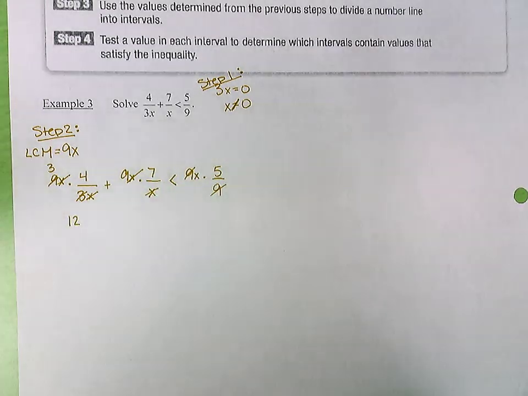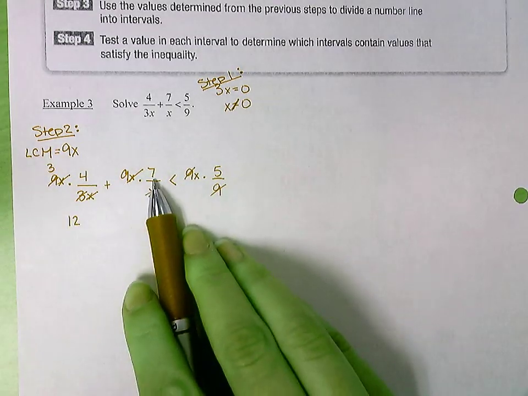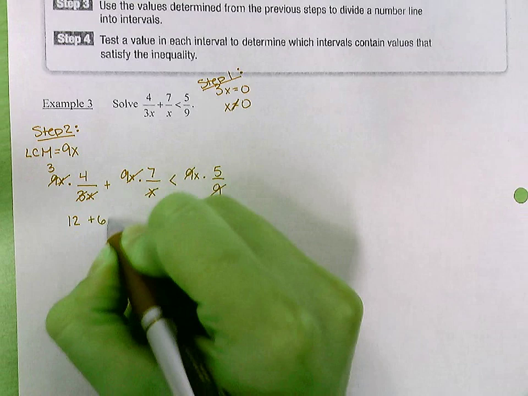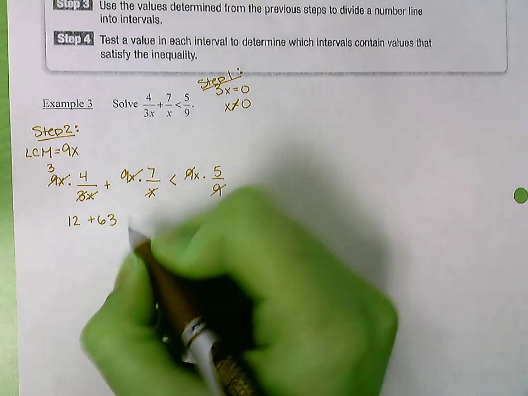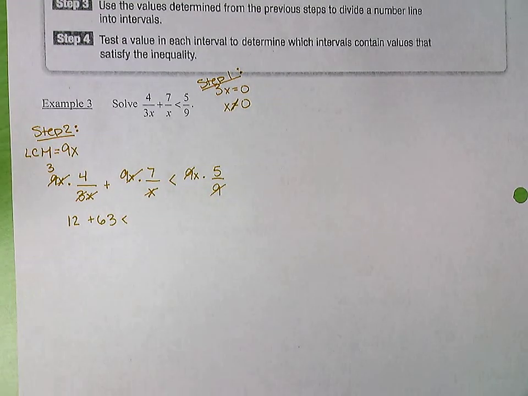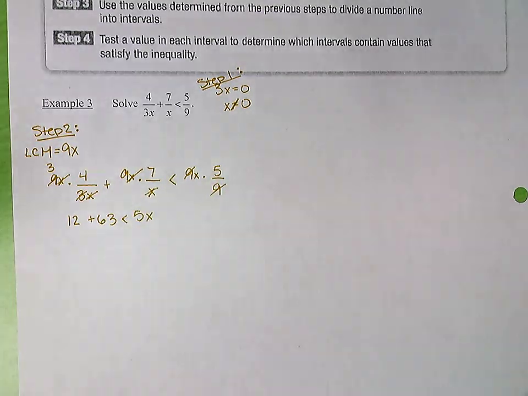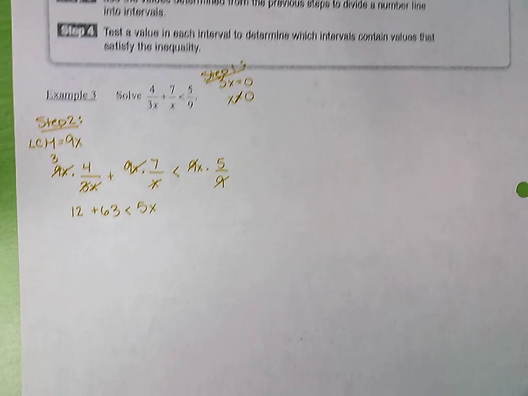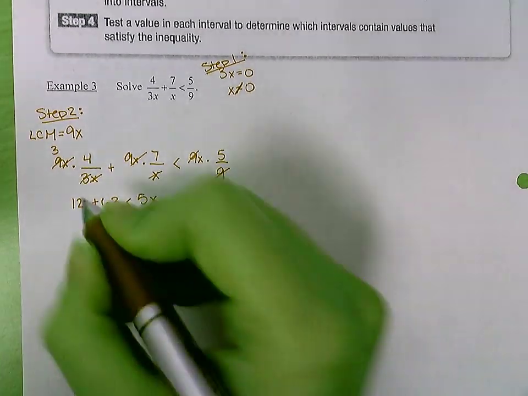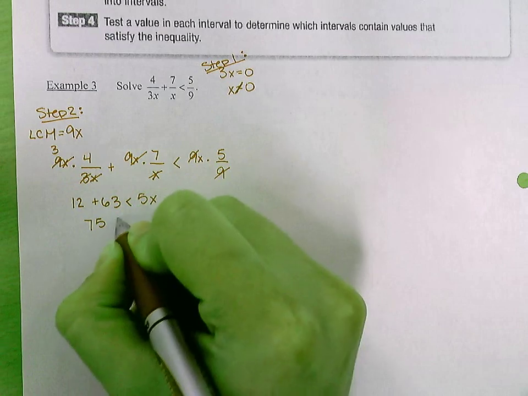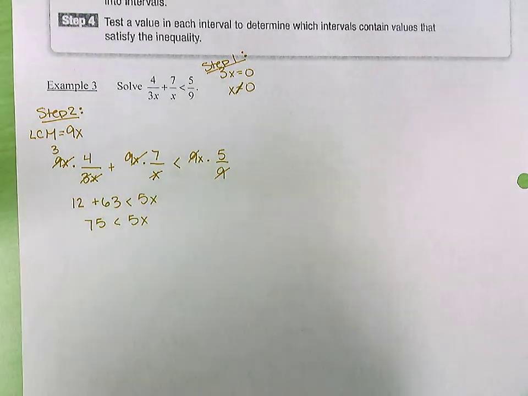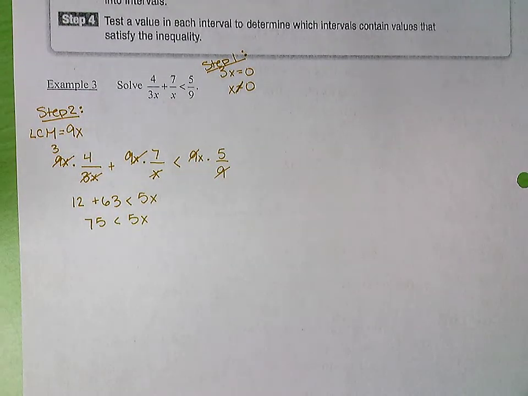So I have 12. I have 9 times a 7, 63. I still have this less than sign. And then I have 5x. Okay, I can combine 12 and 63. So I have 75 is less than 5x.